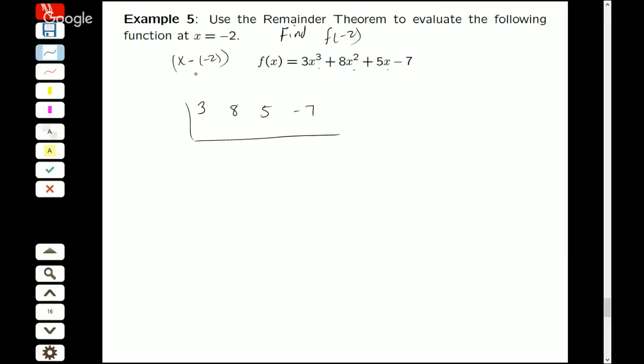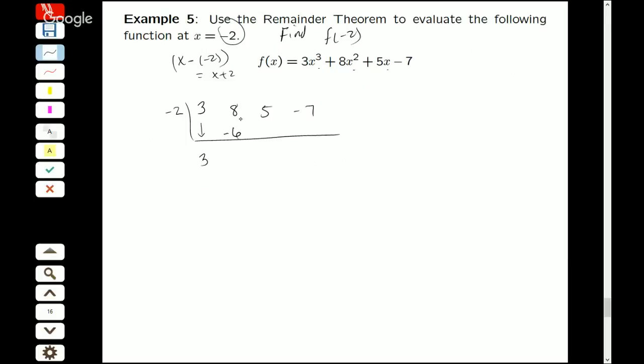That's the same thing as an x plus 2. So I actually am going to use the minus 2. When you're doing an x equals, then you just plug in the value that you're checking for. Okay? Bring your 3 down, and what do we do for our synthetic division?